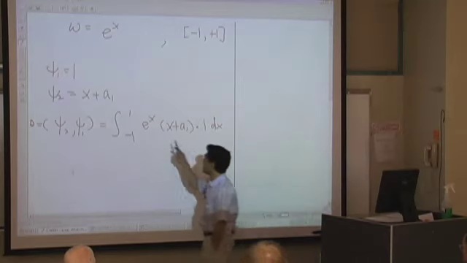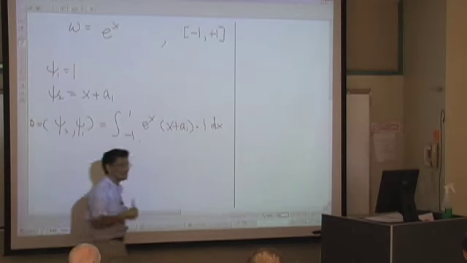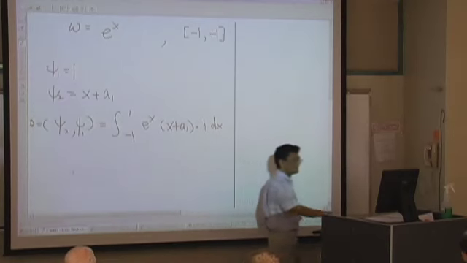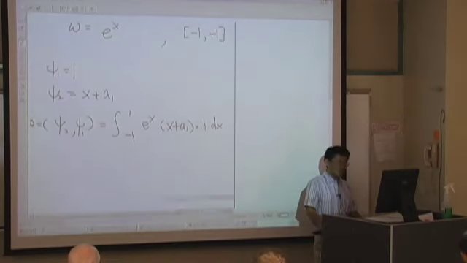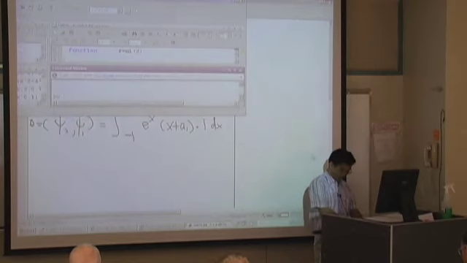It's not even or odd anymore because of this function. Just a function. So the only way is using MATLAB. Of course, if you have enough time, you can do the hand calculation, but I don't encourage hand calculation.